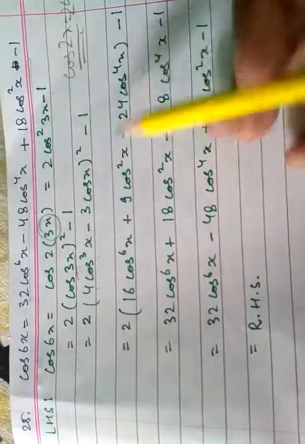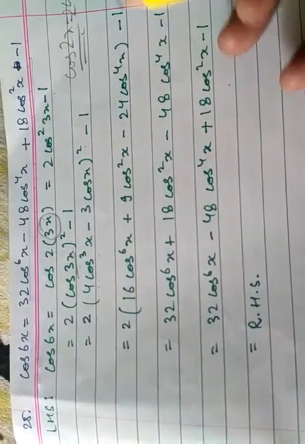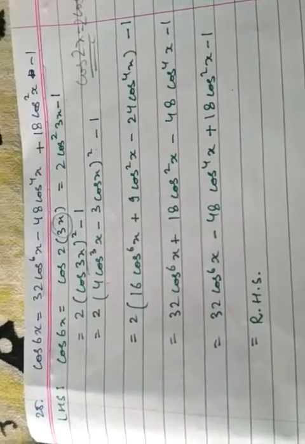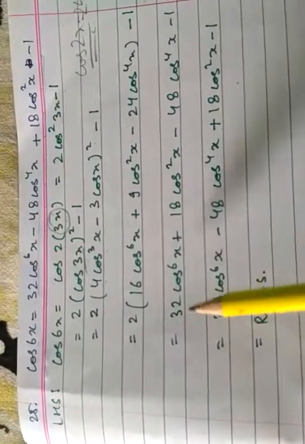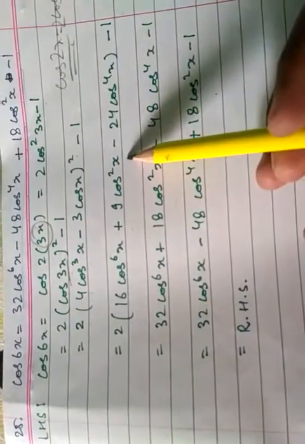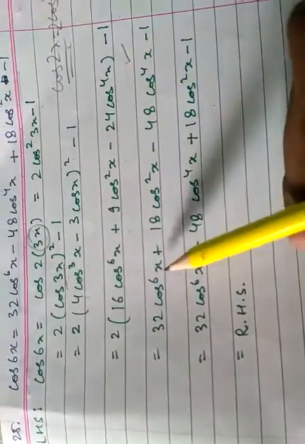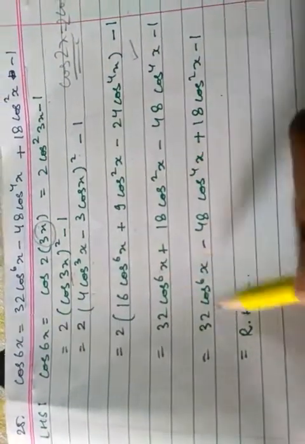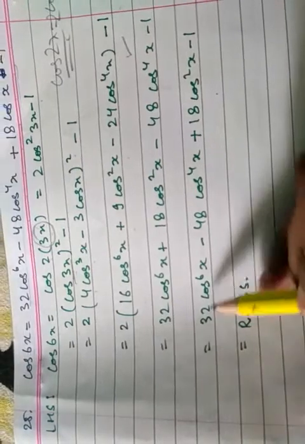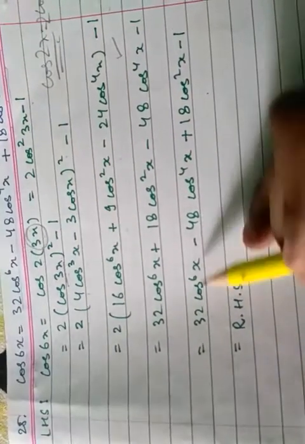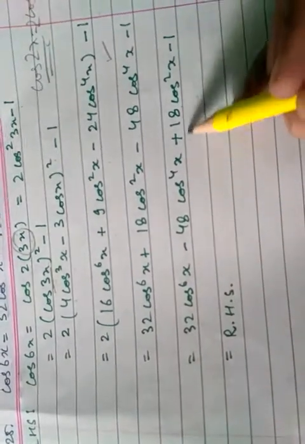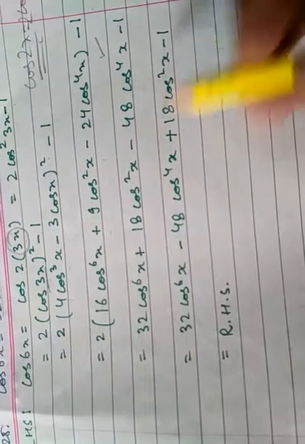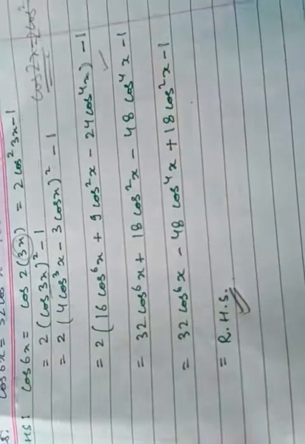Now, this is the whole square, so we are going to expand this by the formula of (a minus b) whole square, a square plus b square minus 2ab. So we have expanded it, and then by simplifying we finally get the answer, that is 32 cos to the power 6 x minus 48 cos to the power 4 x plus 18 cos square x minus 1, which is the RHS.